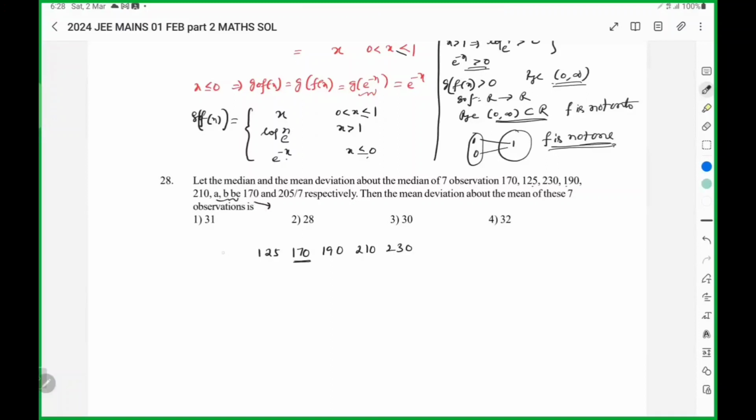Median is 170, which means let us take A and B on this side. Then the median becomes the middle number. So the median is 170, which means A comma B must be before 125.